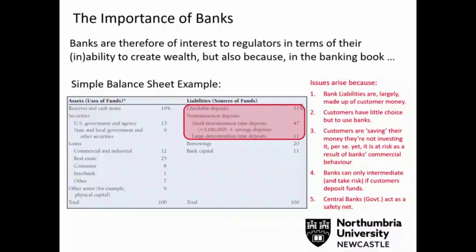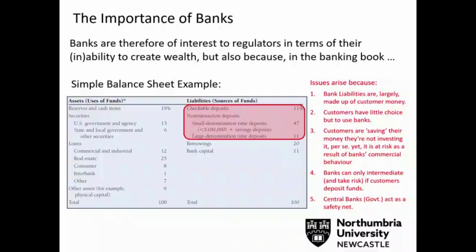The majority of the time, the idea is that they fund it through customer deposits, which you can see highlighted in red here, whether that be what's known as checkable deposits. These are deposits that are more liquid, that can go in and out constantly on a daily basis. But a large proportion of customer deposits are what's known as sticky, i.e. they're savings accounts, ones that we don't really take out as often.